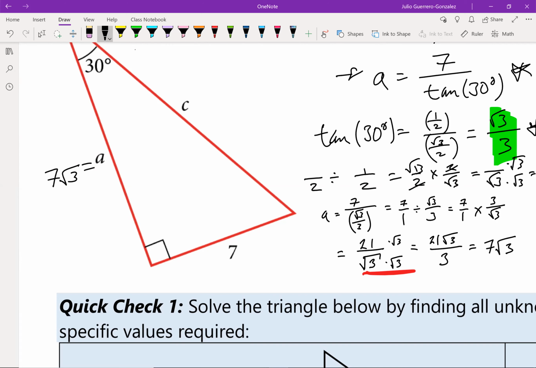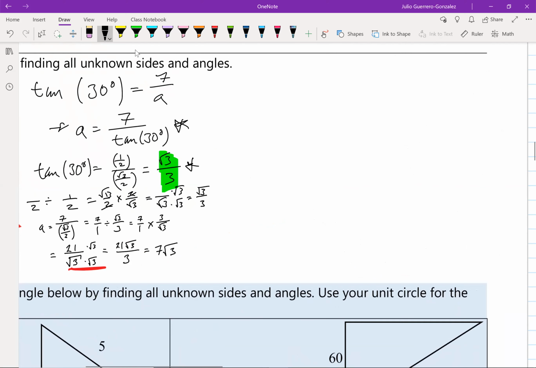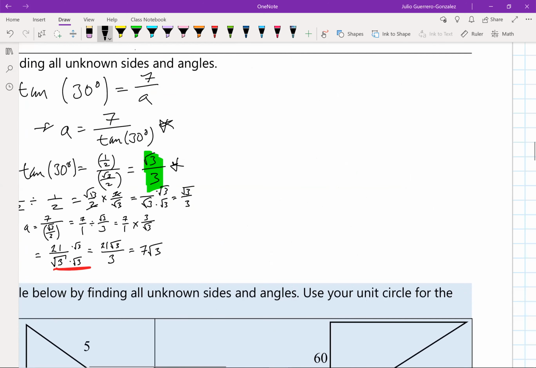Okay. Let's go ahead and try to find C. So C, in order to find C, I'm going to need a hypotenuse. I'm going to use this opposite, right? So I have an opposite, I have a hypotenuse, that's sine.